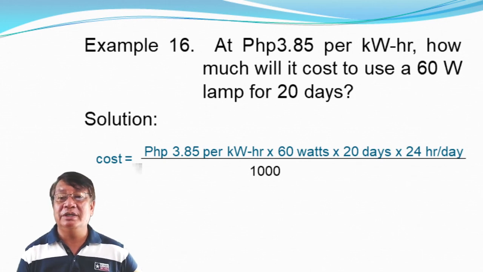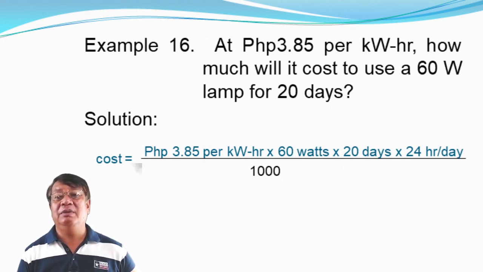Because we have kilowatt hour, the days are converted to hours. So we have the conversion factor of 24 hours per day, and the days are cancelled. Then we have 60 watts and 3.85 cost per kilowatt hour.